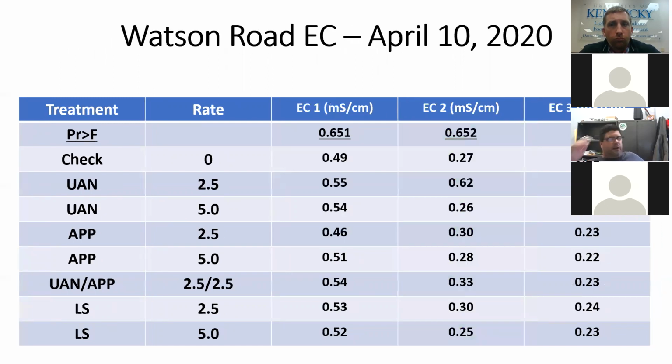What about our electrical conductivities? Well, again, very high probability of a greater F, which means very low likelihood of really being true treatment differences. And even if they are, we're looking to see values somewhere around 4, not 0.4, before we start hurting our germination. So real low levels of salt here.